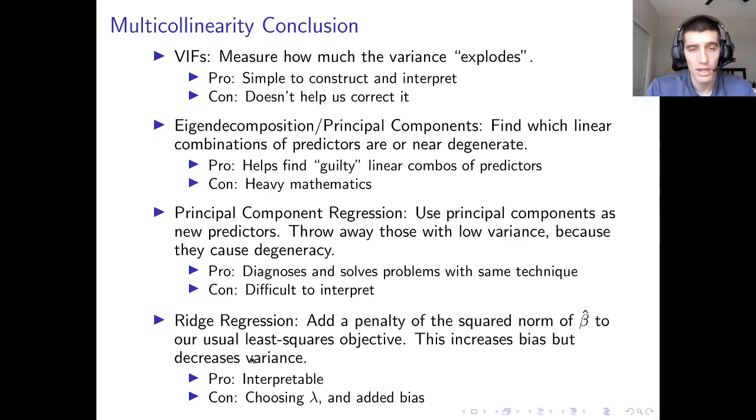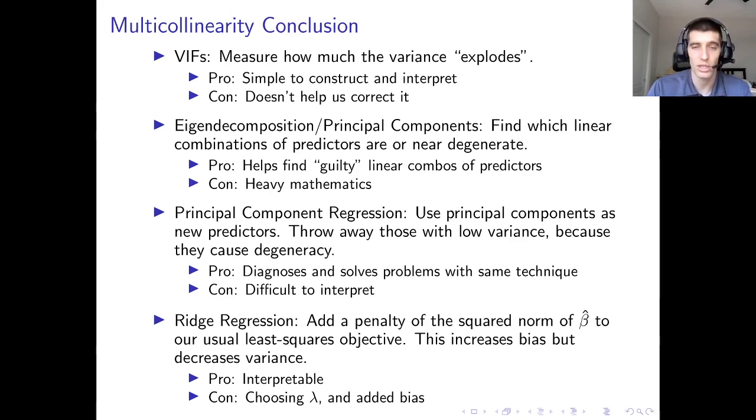Lastly, we introduced ridge regression. The idea is we add a penalty to our usual mean squared error, and we increase our bias, but we decrease our variance. The pro of this is that it's interpretable. We still have all of our predictors in the model.